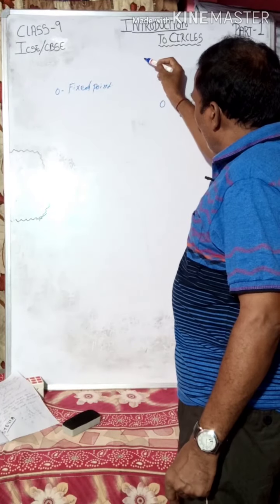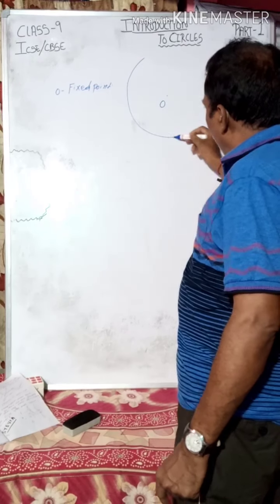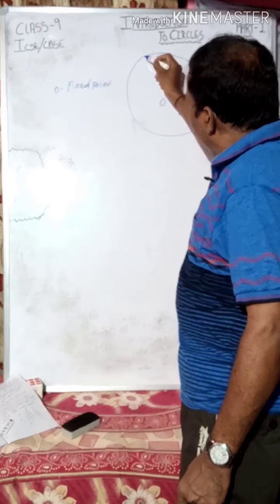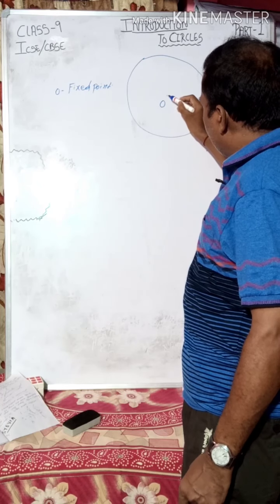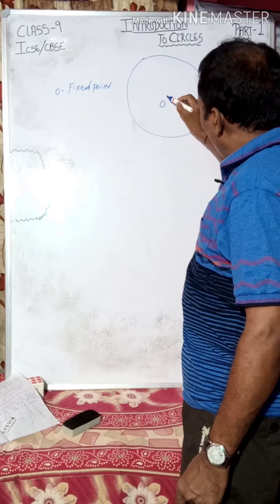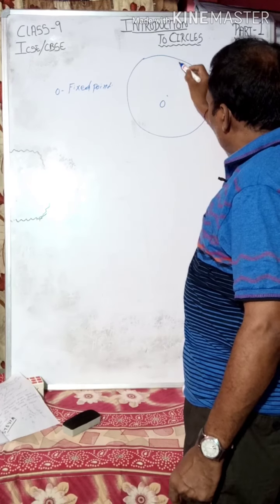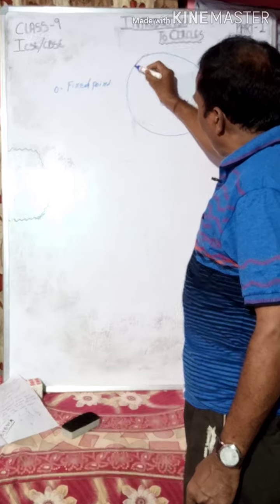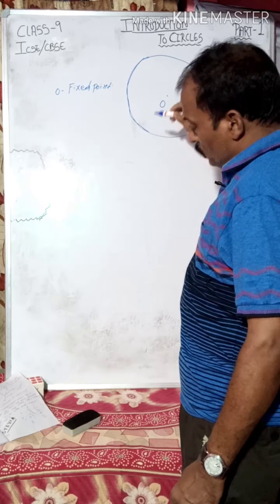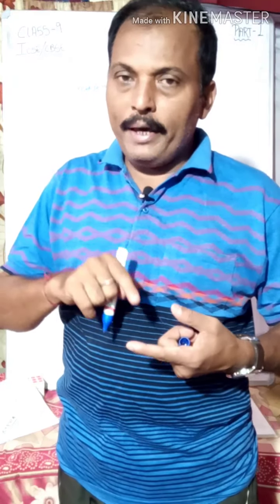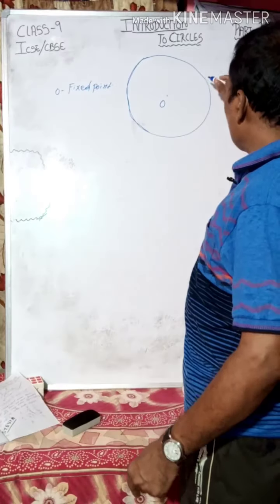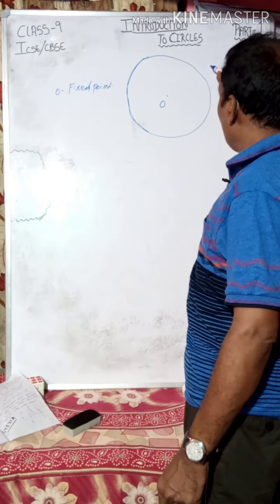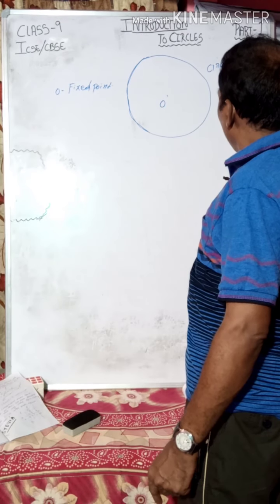If we draw this, every point's distance is the same, from here to here, all distances are the same. So a circle is a curved path around a fixed point with equal distance, is called a circle.